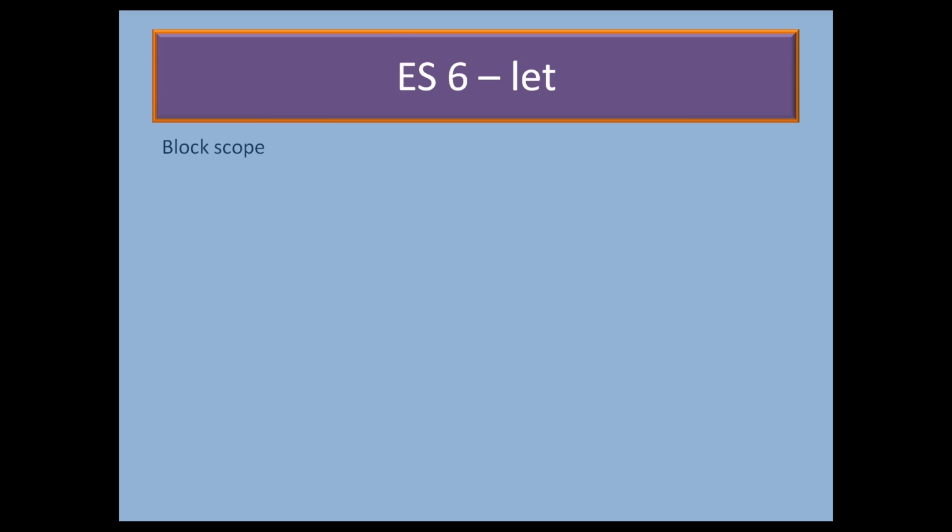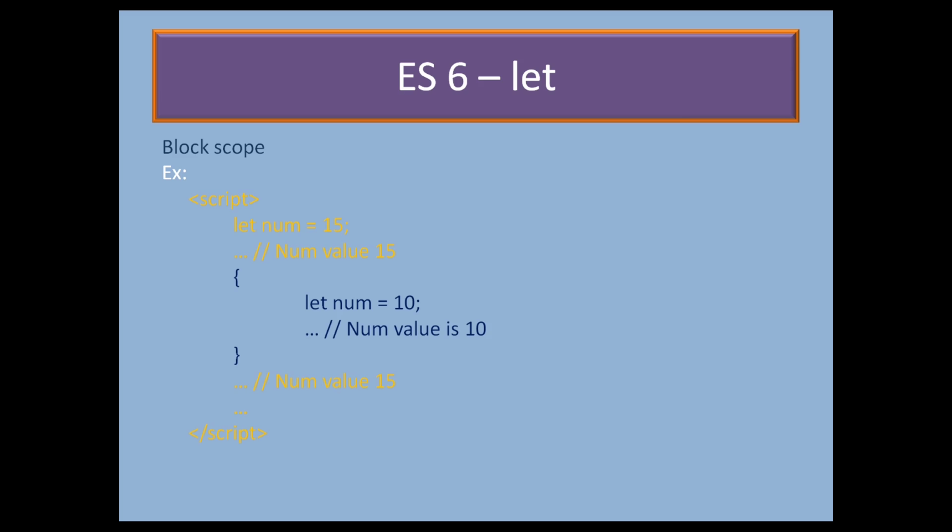That means if you declare a variable by using let inside a block, that particular variable's scope will be limited to that block. As we can see in this example, in this highlighted block we have created num variable and assigned value 10 to it.